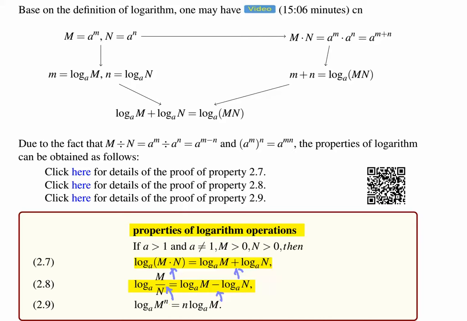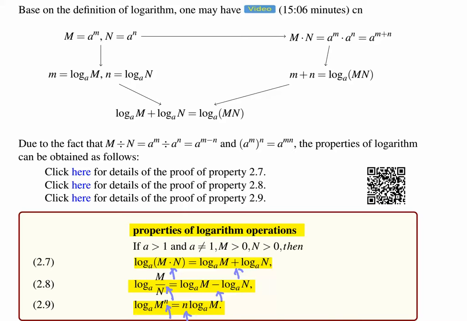The third one is log base a to the m to the n equals n times log base a to the capital M. So here we have changed the exponent operation into multiplication. We take n down to the front times log base a to the capital M.